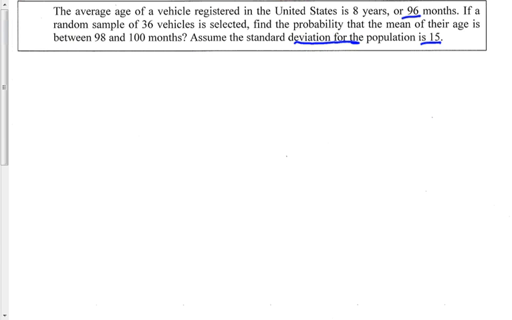And we're looking for a probability that the mean, which is an X bar, and we have a sample size of 36. So we have an X distribution. We're needing to do calculations in terms of X bar because it's a probability of an average.